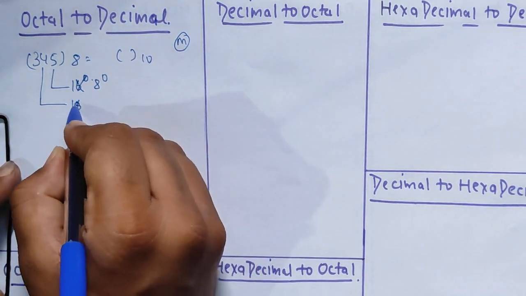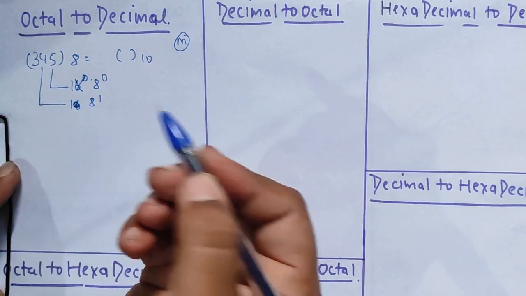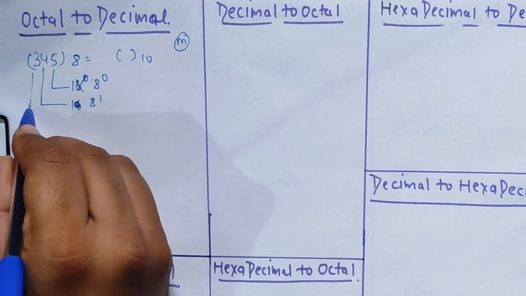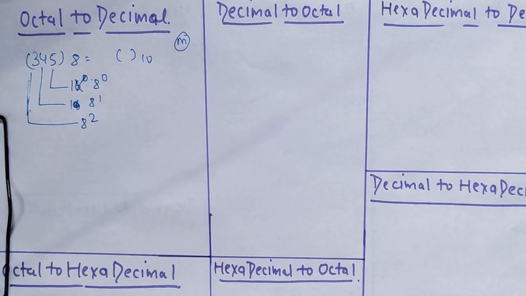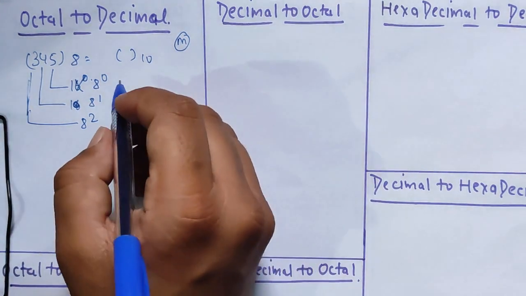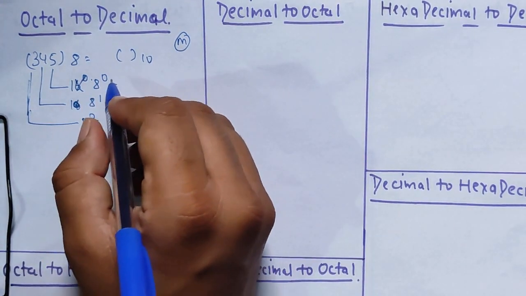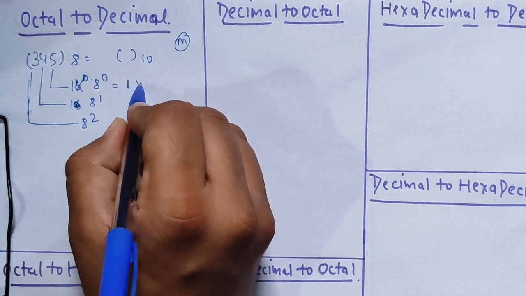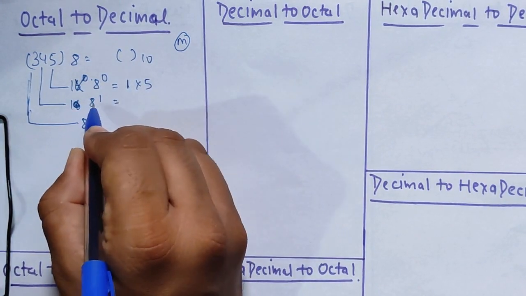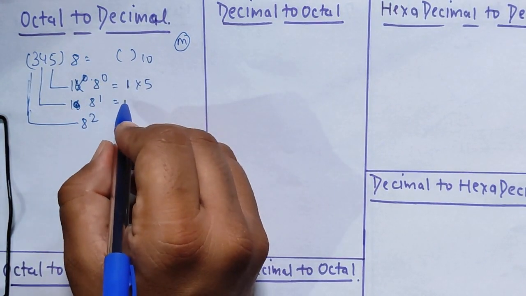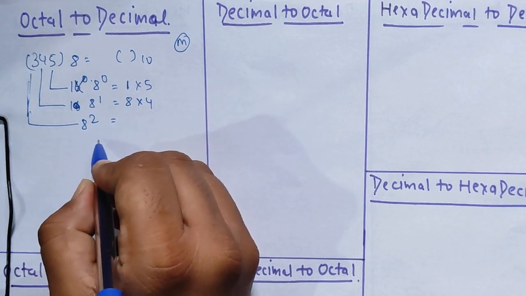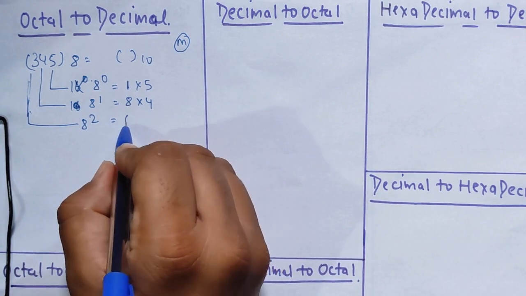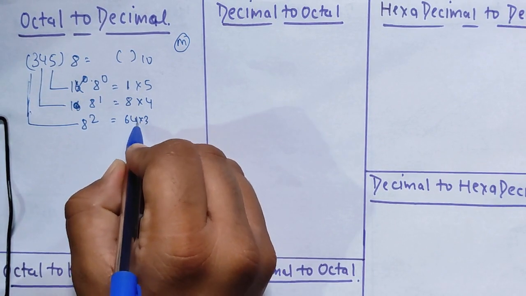Because this is an octal number, the place values are 8 to the power 0, 8 to the power 1, and 8 to the power 2. 8 to the power 0 is 1, into 5; 8 to the power 1 is 8, multiplied by 4; and 8 to the power 2 is 64, multiplied by 3.